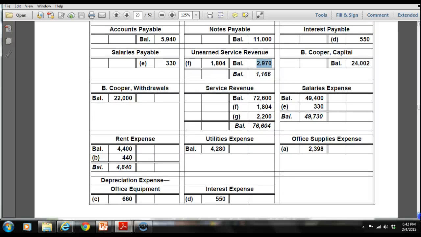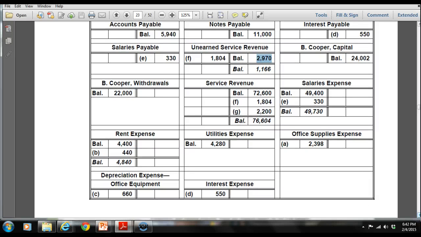Then you'll see rent expense with a balance of $4,400. Then utilities expense is a debit balance of $4,280. Then make a T account for office supplies expense, a T account for depreciation expense, office equipment, and another T account for interest expense.